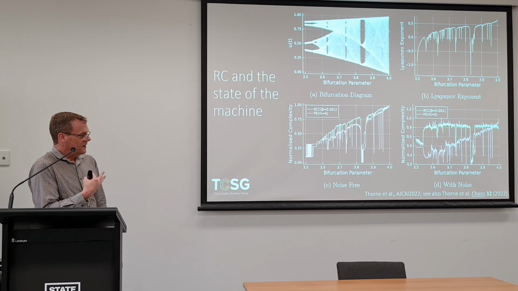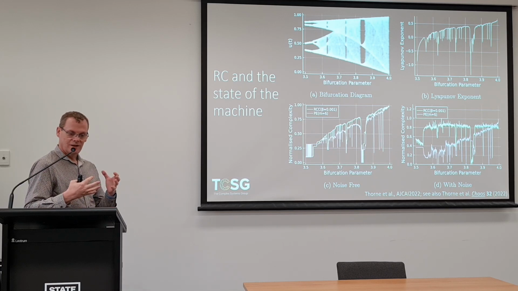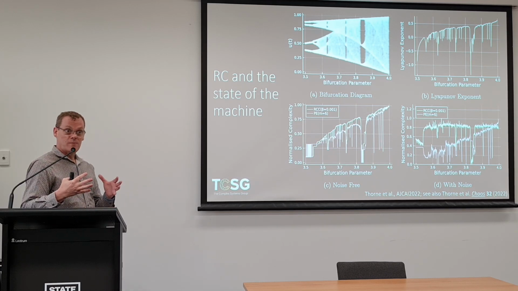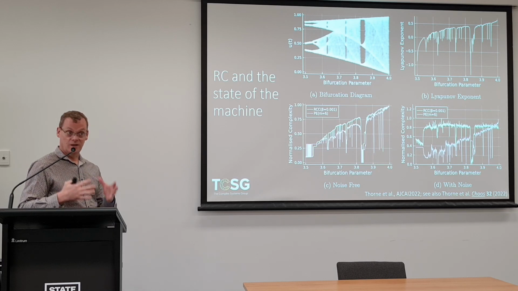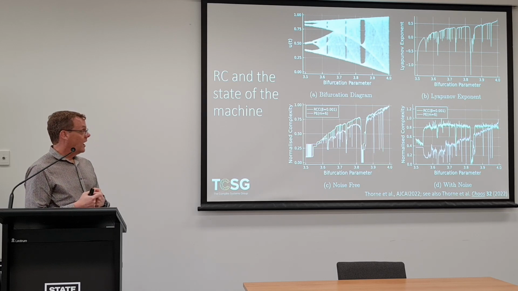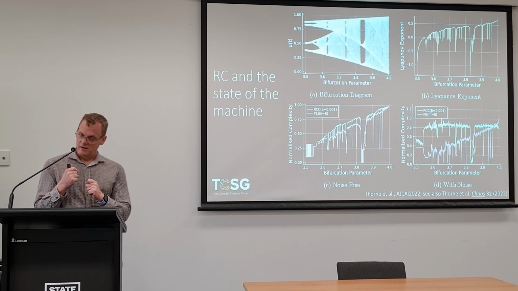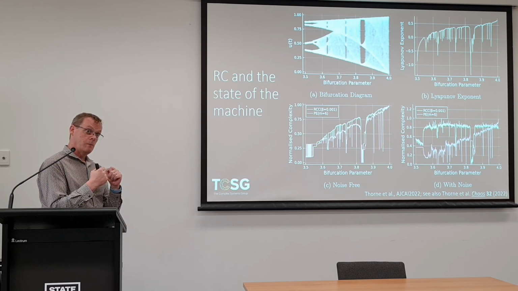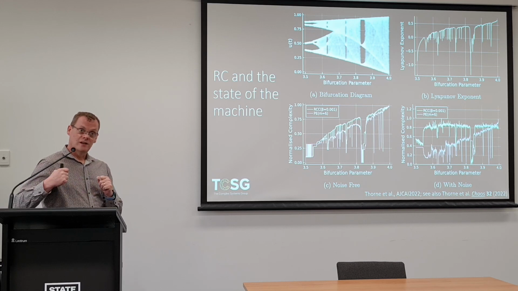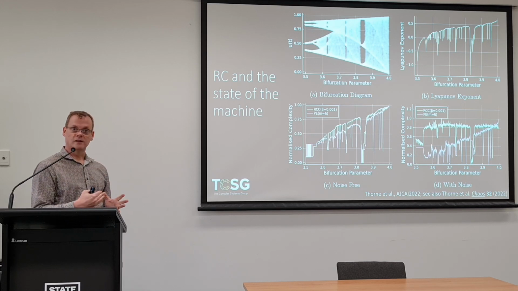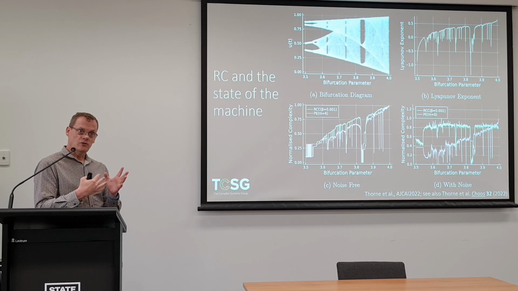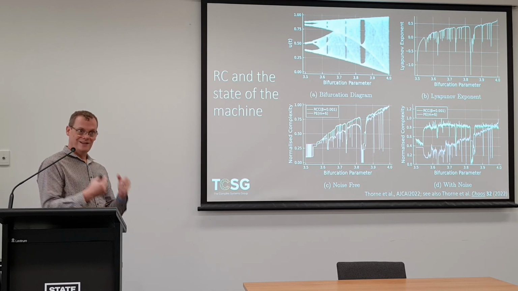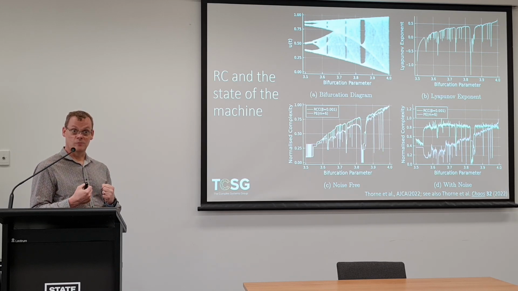So reservoir computers are nice. They are a mathematically simple way of building a machine learning model. But what can we do with them? One of my passion projects is this: with a lot of machine learning, you don't really understand what's going on inside the black box.